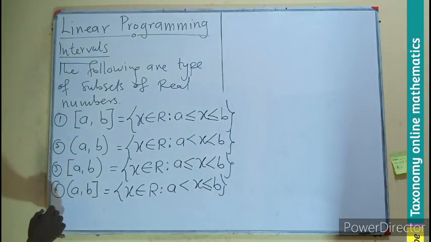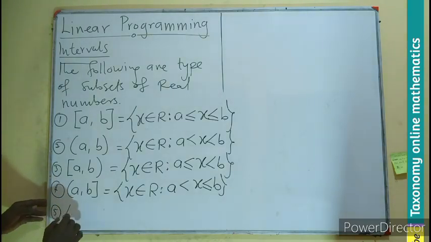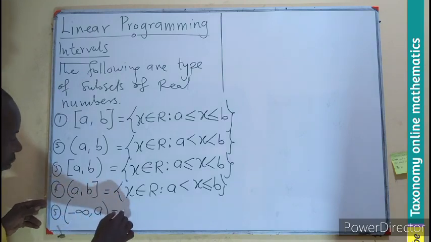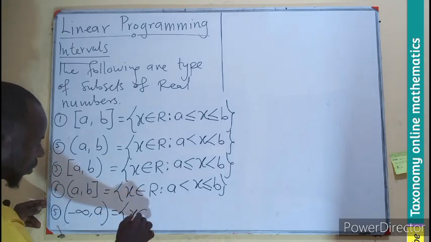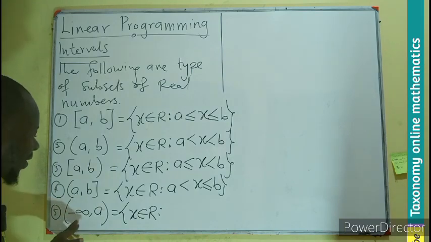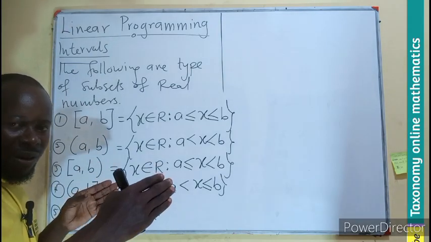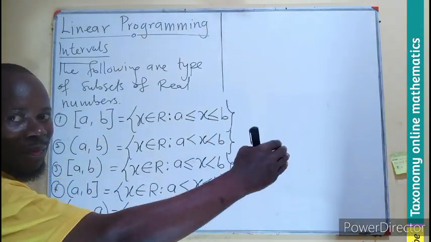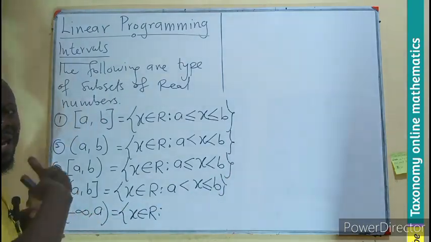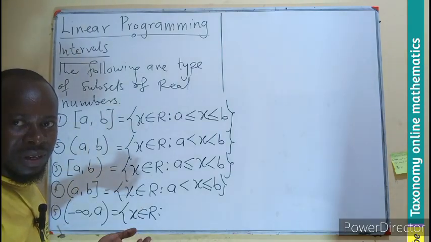Then let's see number 5, a situation whereby we are moving from negative infinity. It's an interval. So from our left side, we are moving from any number you can imagine.